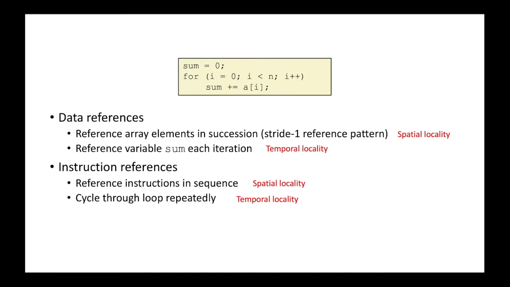A variable sum is referenced in each iteration, which is exactly temporal locality. In terms of instructions, the instructions are referenced in sequence within a loop body. Well, we have to imagine the assembly instructions that the compiler generates, which is spatial locality, and they cycle through the loop repeatedly, which is temporal locality.